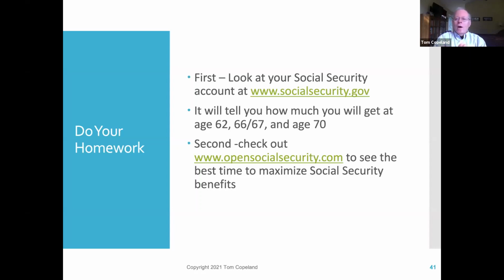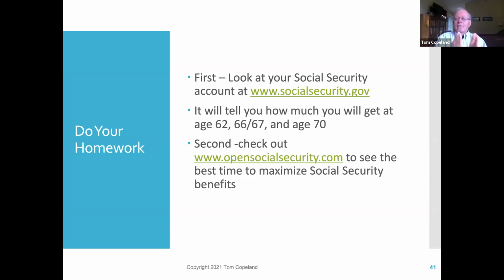Now, my wife and I were shocked by what we saw when we used this calculator. My wife is 4 years younger than me. Our plan had always been we would wait until I'm 70 and she would be 66, and we'd both start claiming Social Security that year.